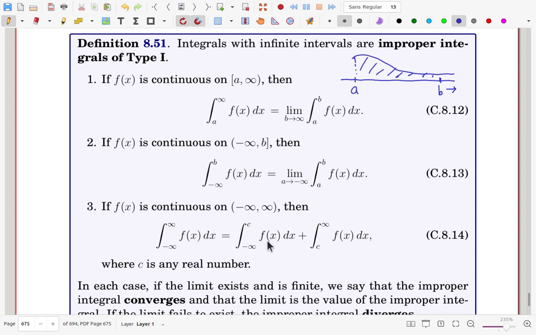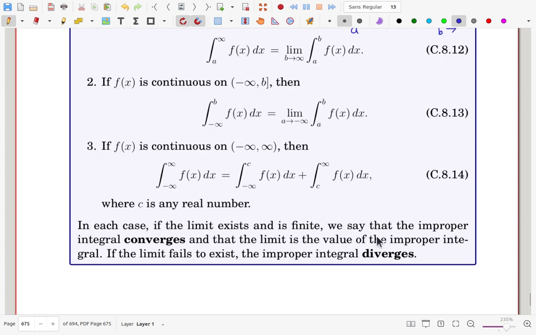For this portion, we have to use this technique. For this portion, we have to use that technique. Once the limit exists and is finite, then we say the improper integral converges. Otherwise, the improper integral diverges.